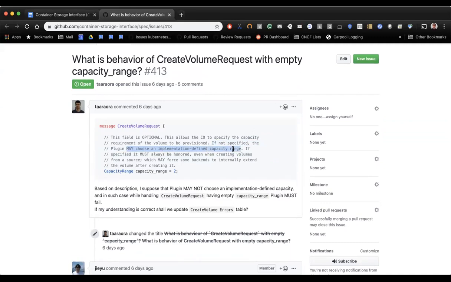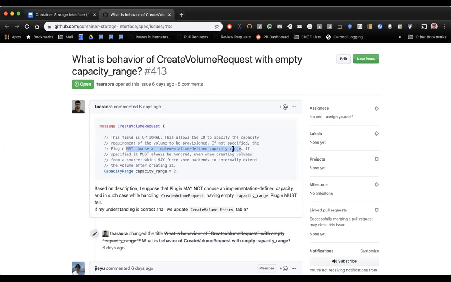I mean, just by reading the wording of that one line, it seems to allow for the case, because may means it's up to the CO or the storage provider to choose. I have no objections if somebody were to return an error here based on that line, and thinking through the logic of what would happen.